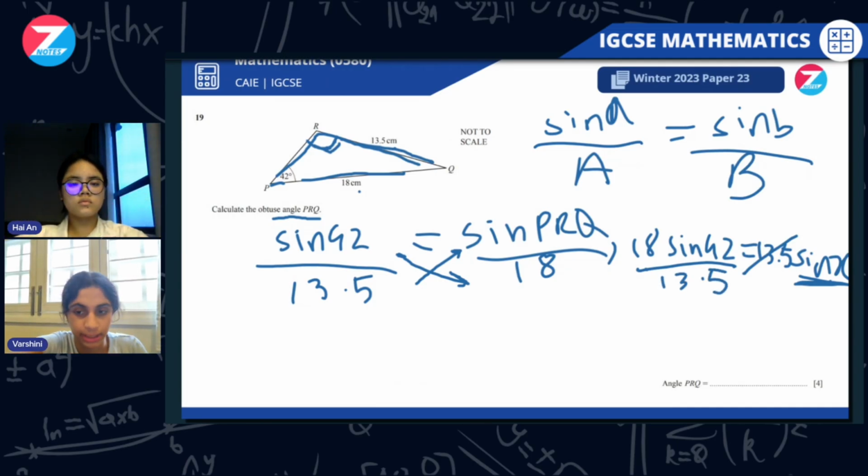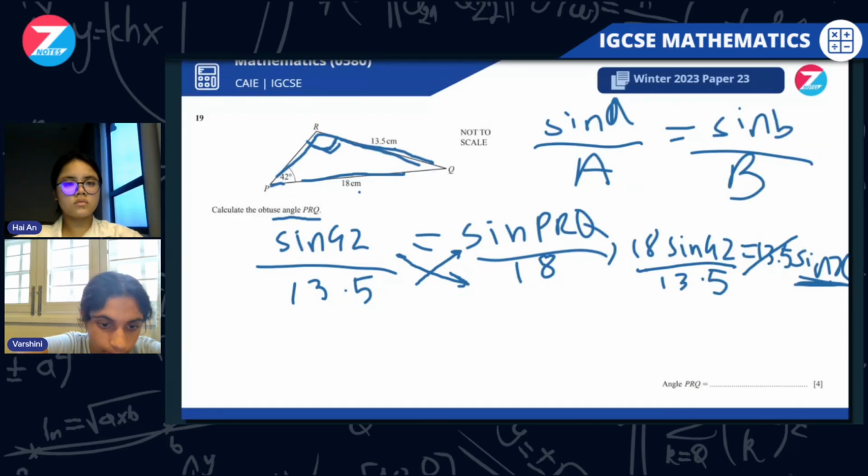Now let's calculate that in our calculator: 18 times sine 42 divided by 13.5. You're going to get sine x equals 0.892.